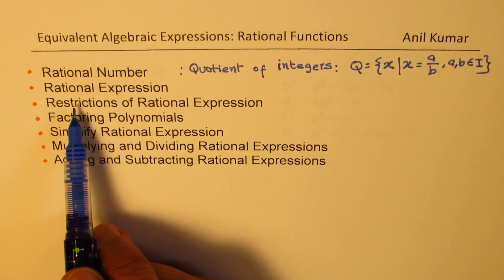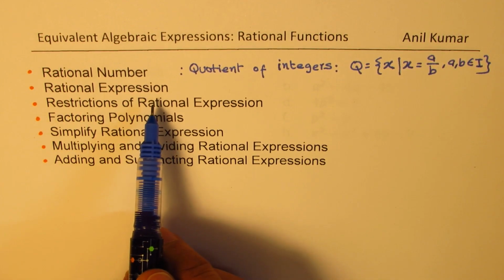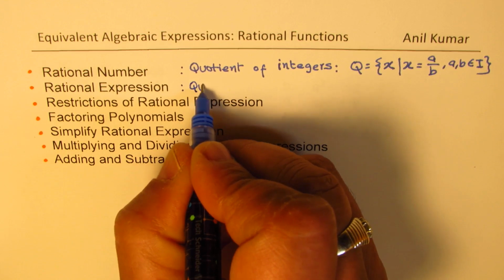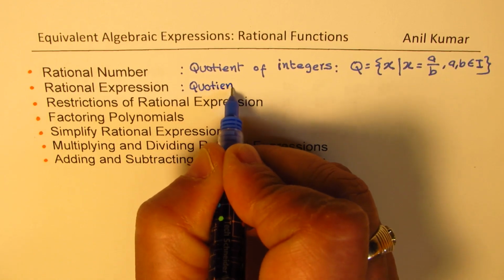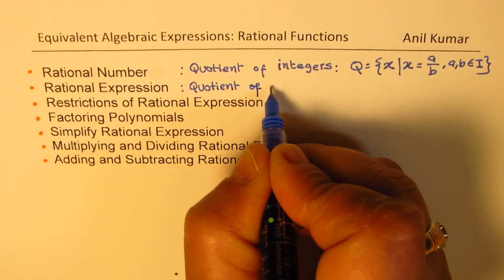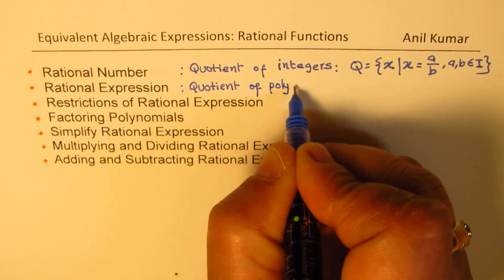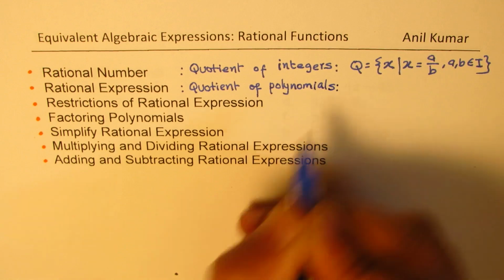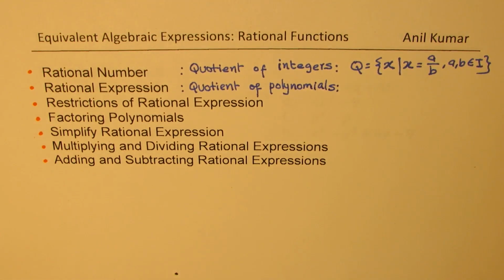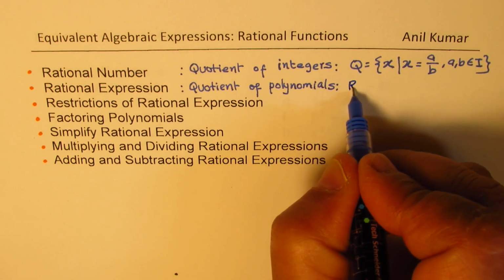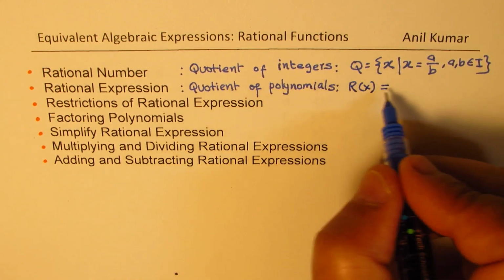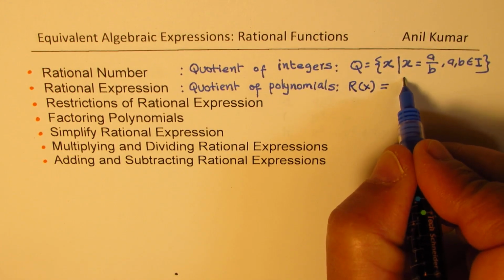Very similar to this is a rational expression. In this case, we have a quotient of polynomials. A rational expression can be written as a quotient of polynomials.